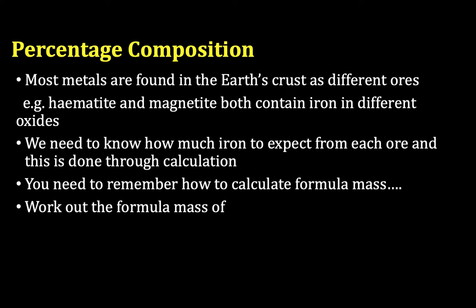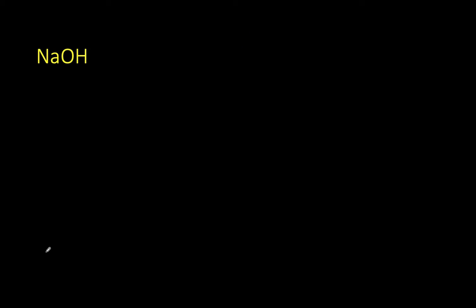So, just to get our heads back in the game, we are going to take a break. We are going to calculate the formula mass of sodium hydroxide, aluminium phosphate, and iron oxide. Okay, sodium hydroxide. Here is how we calculate formula mass. So, sodium, we have one sodium and its formula mass is 23.